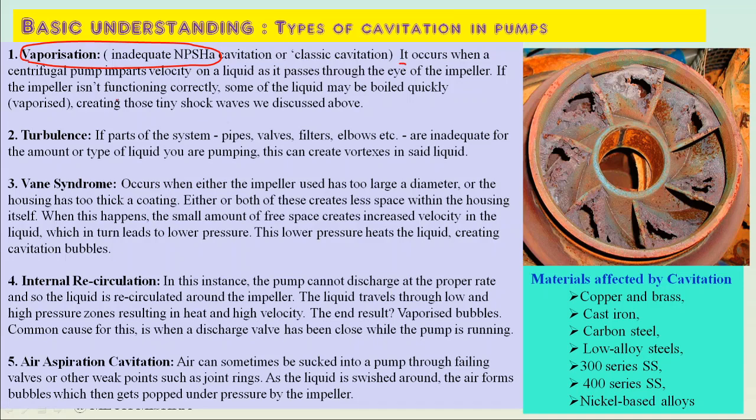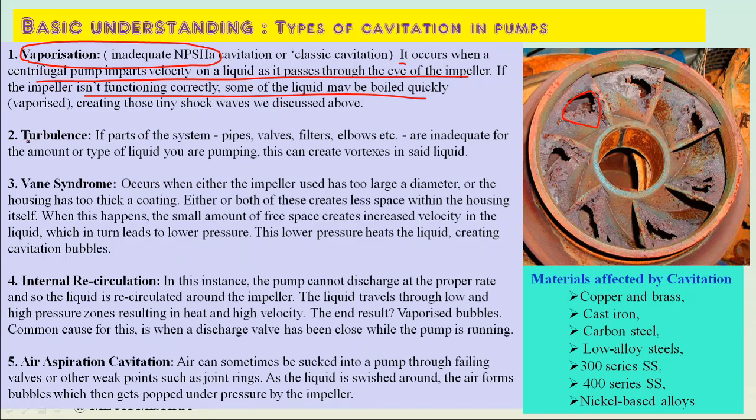It occurs when the centrifugal pump imparts velocity on the liquid as it passes through the eye of the impeller. If the impeller isn't functioning correctly, some of the liquid may boil quickly and vaporize, creating tiny shock waves. The liquid gets vaporized and creates tiny vapor bubbles that create shock waves, impact the metal and erode it.